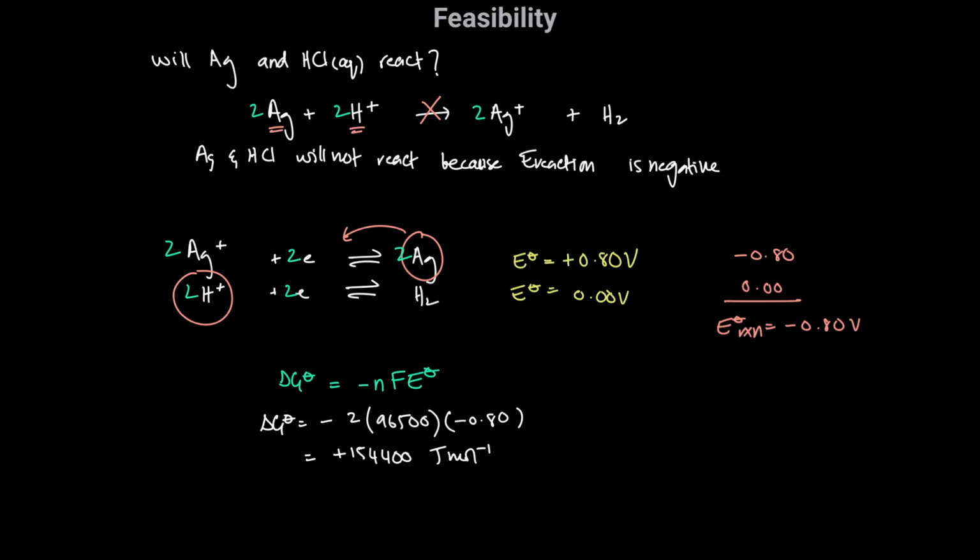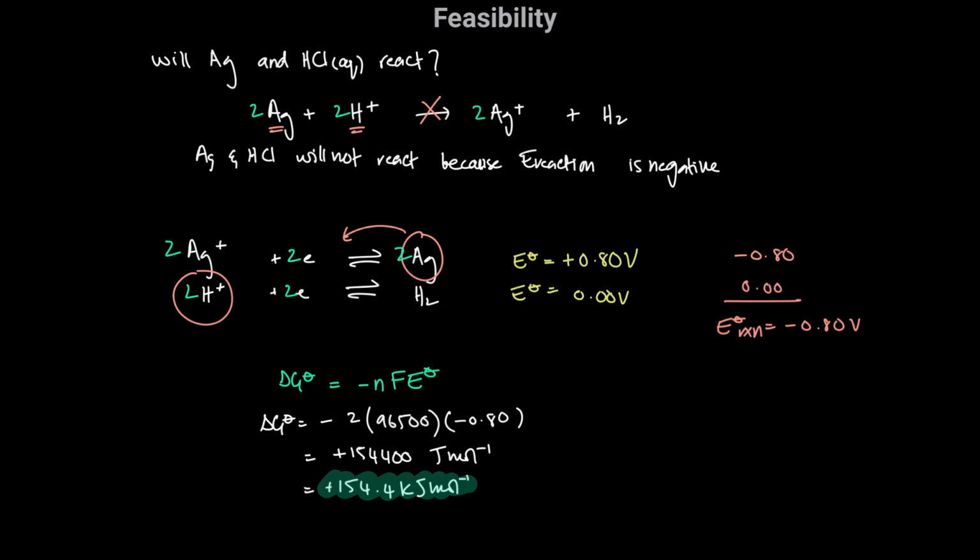This will come out in joules because we're using coulombs and volts. Then we can convert this to kilojoules per mole. The answer is positive 154.4 kilojoules per mole.